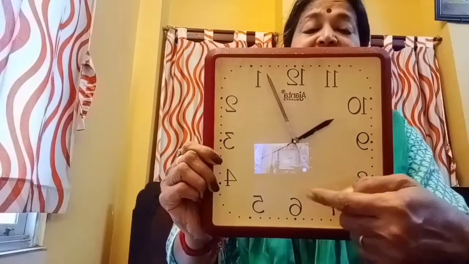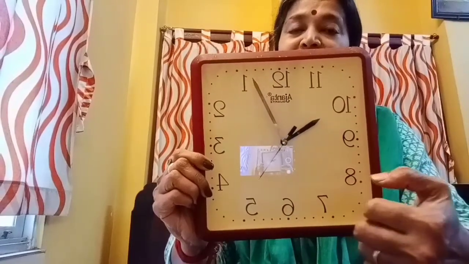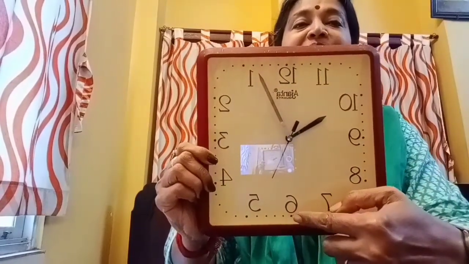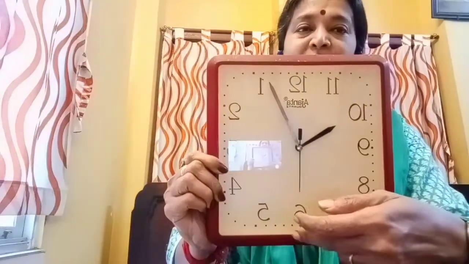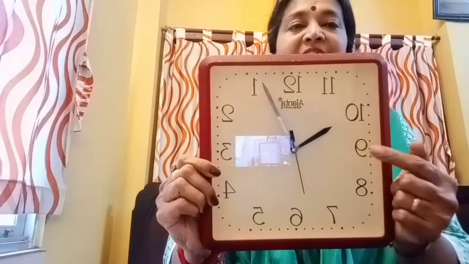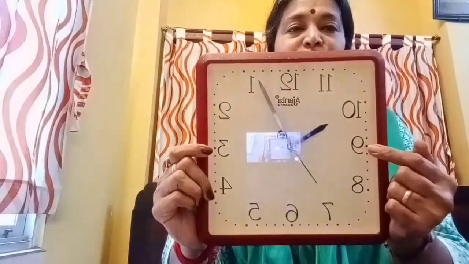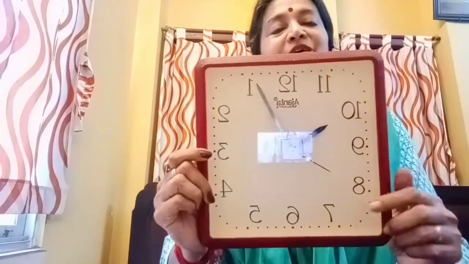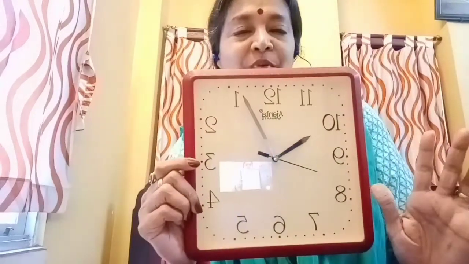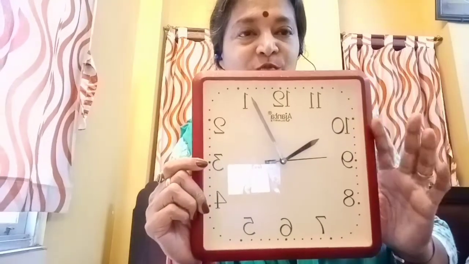So if anybody asks which digit is just opposite to 12 on a clock's face, you can immediately answer 6. The same rule is for the 9 and the 3. 3 and 9, both are in each other's opposite position. So this will be important information regarding the clock's face.